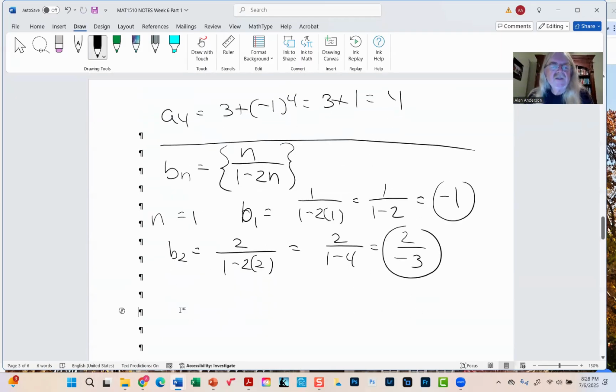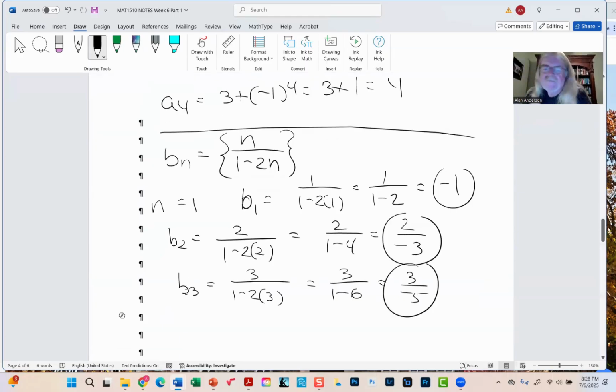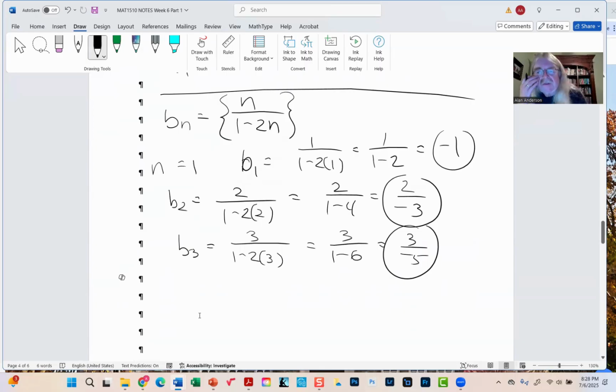Okay, and then B3. What's interesting about these numbers is that they're actually getting smaller, in absolute terms, I mean.